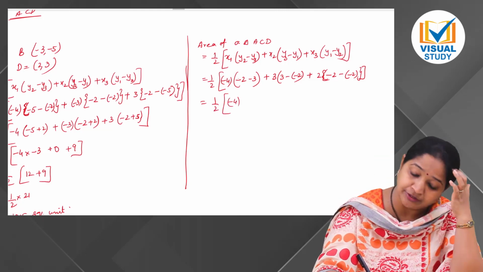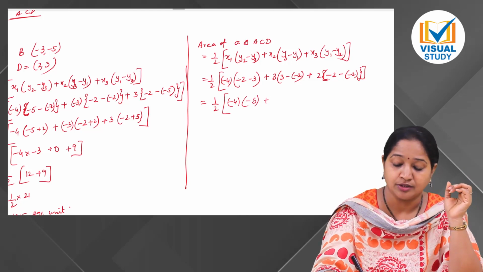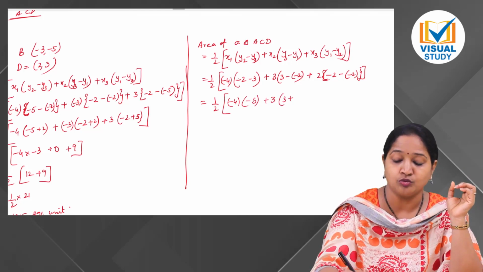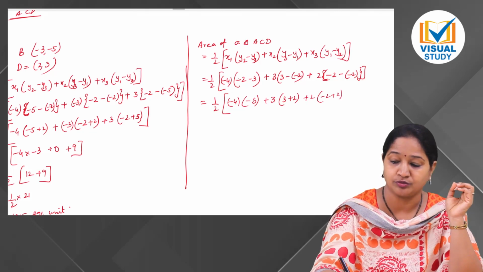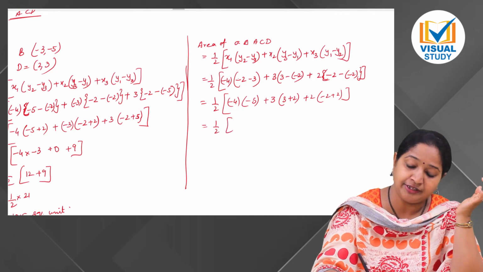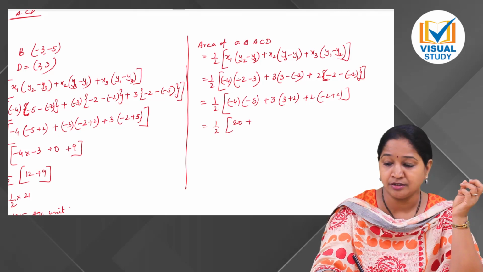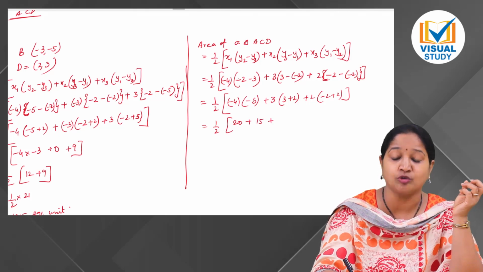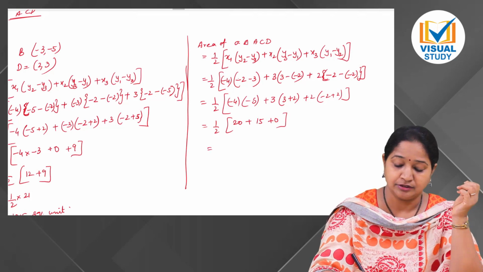See the signs properly, don't copy the signs wrong. Half of 20 plus 3 plus 2 is 5, 5 times 3 is 15, and here you get 0 because -2 plus 2 is 0, and that is 35 upon 2, which is 17.5 square unit.